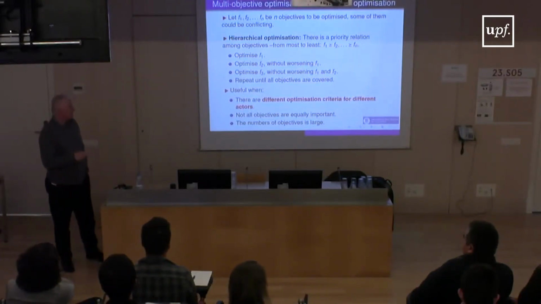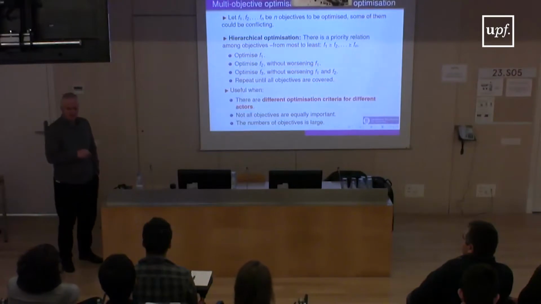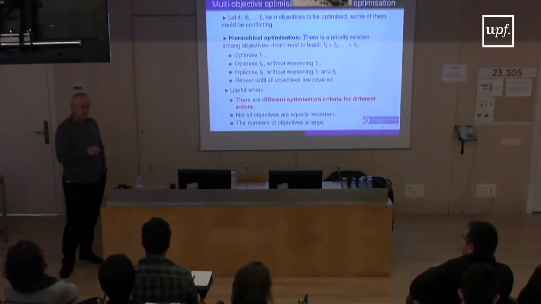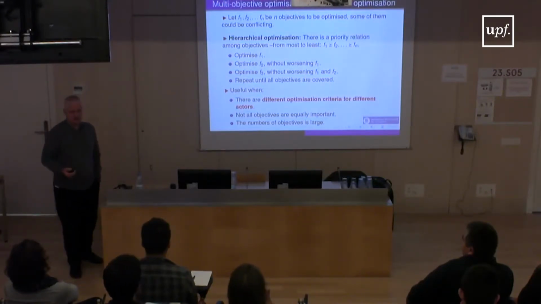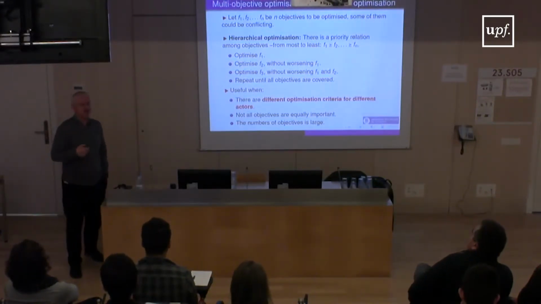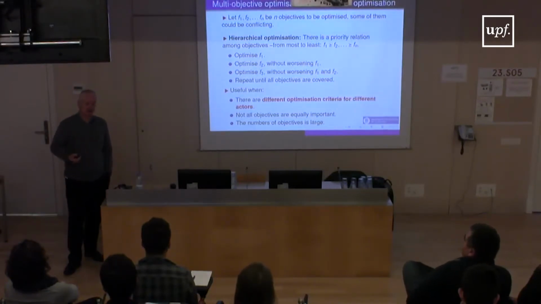And so you optimize F2 and then you stop somewhere. Then you optimize F3 with the condition that you don't worsen F1 and F2, and so on, until you cover all the objectives, right? So what is the advantage of this approach? First, you are dealing every time with a single objective optimization, which is much faster and much easier to handle, right?